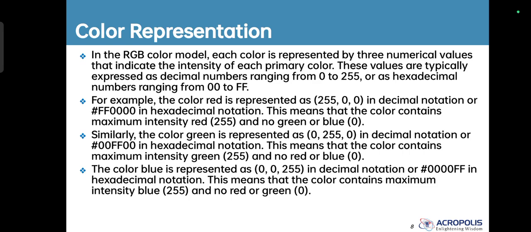For example, a color can be represented in two ways, either in coordinates, like 255, 0, 0, which is the representation of red, or in hexadecimal notation, like hash capital F followed by four zeros. There are various representations in hexadecimal as well as coordinates, depending on which one you want to use.